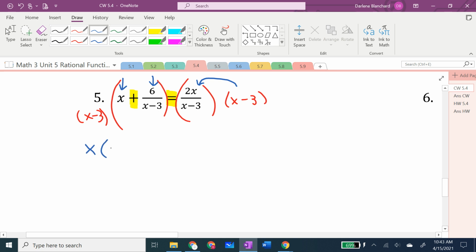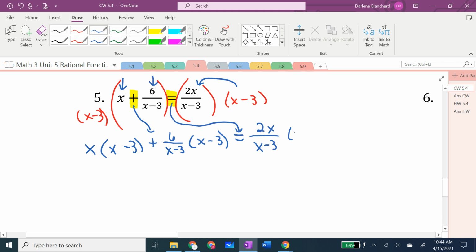So I have x times x minus 3 plus sign, and then 6 over x minus 3 multiplied by the x minus 3, and then my equal sign. And then I'm just going to write the fraction times x minus 3.